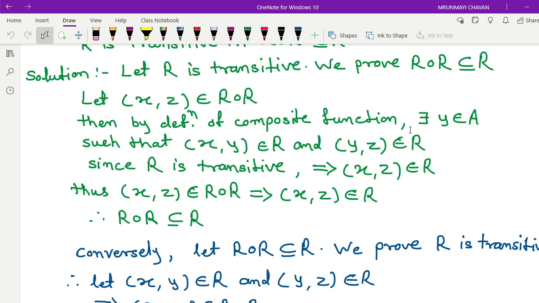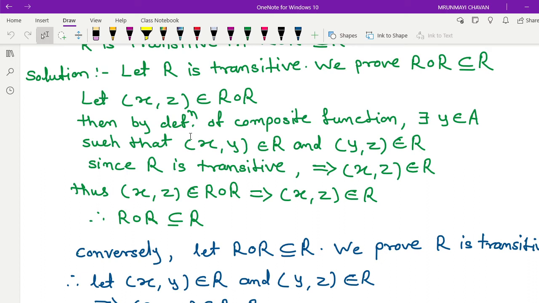If relation is from A to B and B to C, then we say that there is an element y in set B. So here the set A and B are equal, that is R.